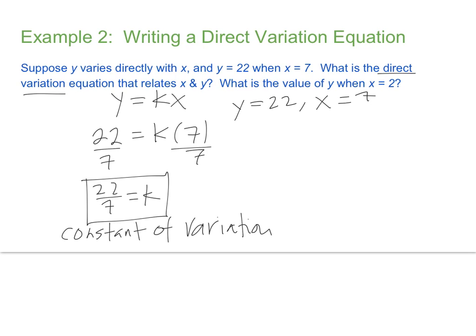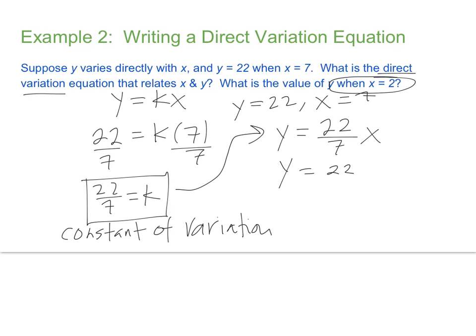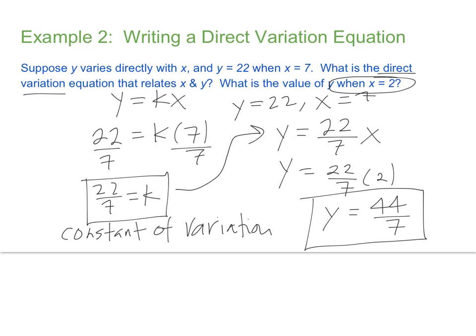We can use that constant now to create the direct variation model of y equals 22/7 times x. So when I want to know the value of y when x is 2, I will substitute the 2 into the model. 2 times 22/7 is 44/7. And that is my answer.